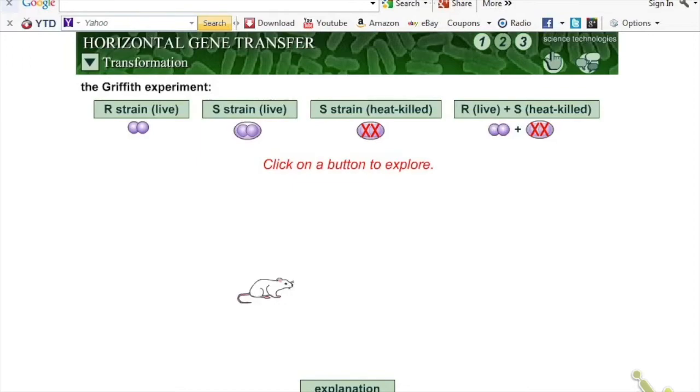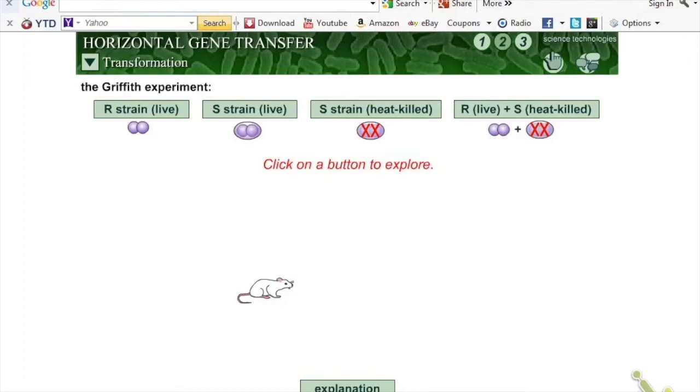As you can see, the R strain doesn't have a capsule, while the live S strain would have a capsule. And then the third one is the heat-killed S strain, and the other one would be a combination of the live R and the heat-killed S. Live R means no capsule.